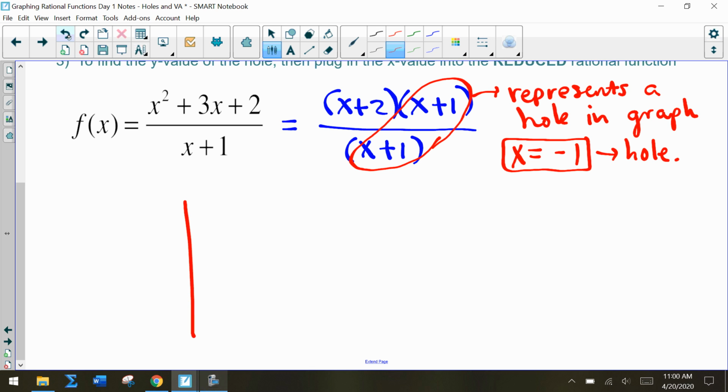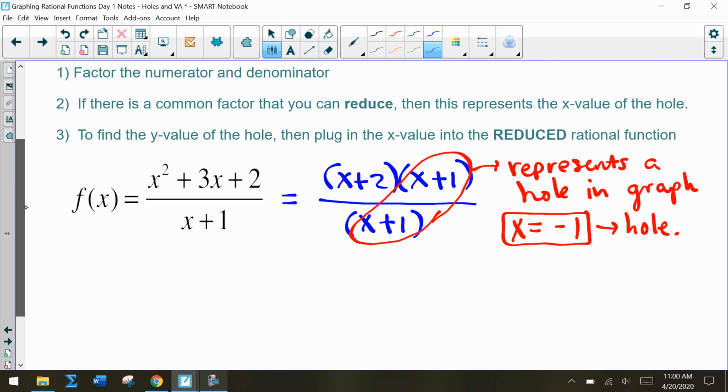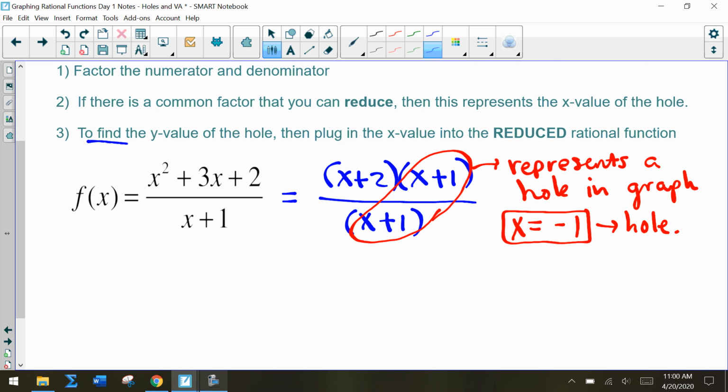So we need to know where to place this point on the graph so that we know that key point. So how we find the coordinate point of the hole, or the y value of the hole, is we end up reducing this function. So the reduced function is x plus 2.